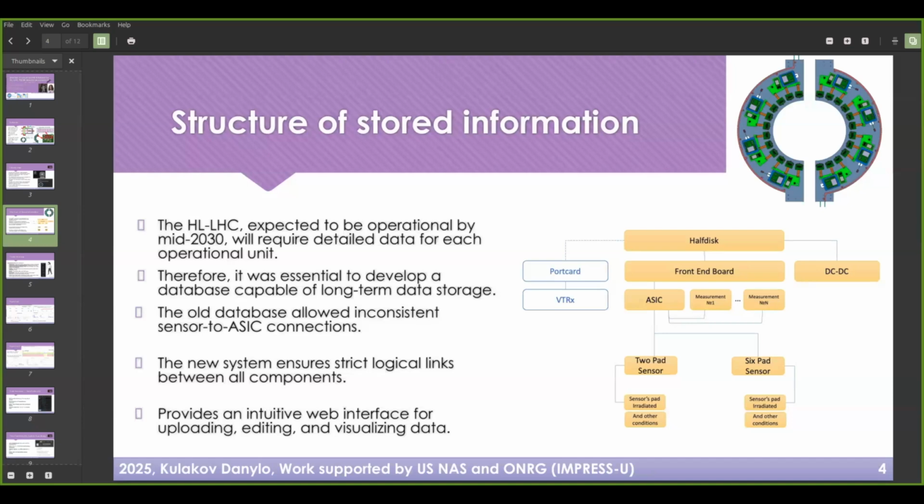And if you look at that graph, we understand that if we have a connection between ASIC and sensor, it means that they have the same front-end board. That's why we should implement a function that will forbid connecting ASIC and sensor to different front-end boards.